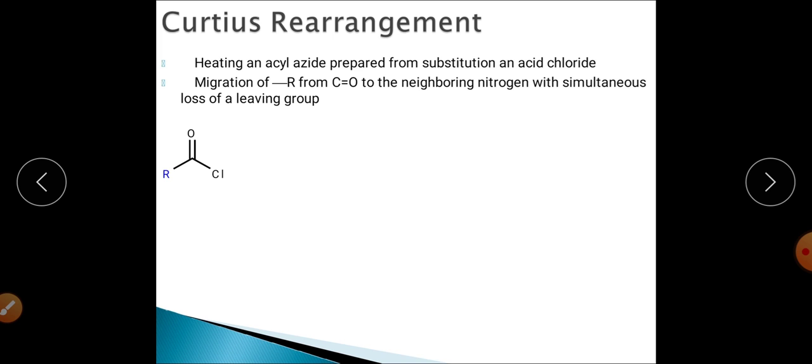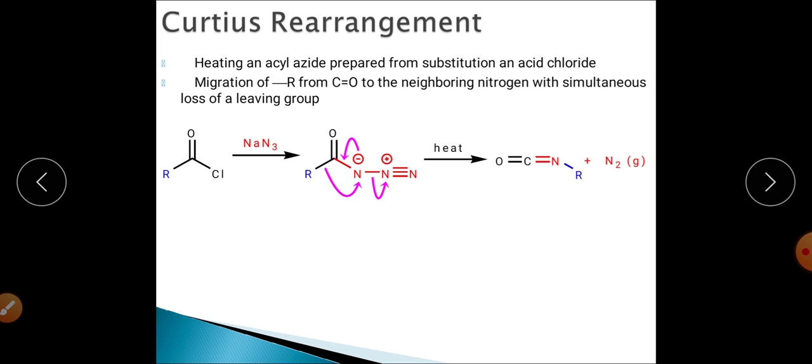In the Curtius rearrangement we have an acyl azide, and these acyl azides on thermal or photochemical heating will get converted, through this mechanism, into the isocyanate, which on further reaction with water will get converted into RNH2, that is, an amine will be synthesized. The starting material in this particular reaction is the acid chloride.